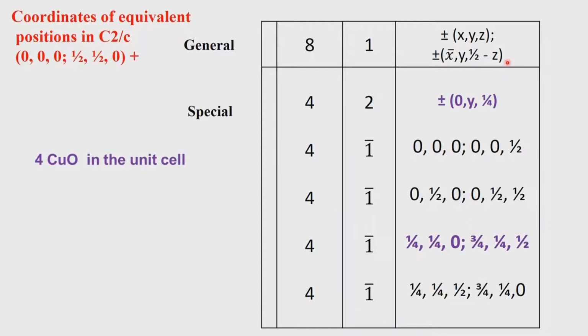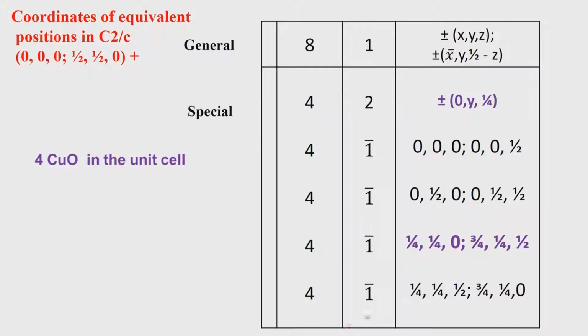What is missing is the addition of half half 0 to these 4. So, it is not purposely missed, it is not shown here. What is shown here is with respect to 0 0 0. So, there are 4 equivalent points corresponding to 0 0 0, 4 other equivalent points corresponding to the addition of half half 0. It has several special positions.